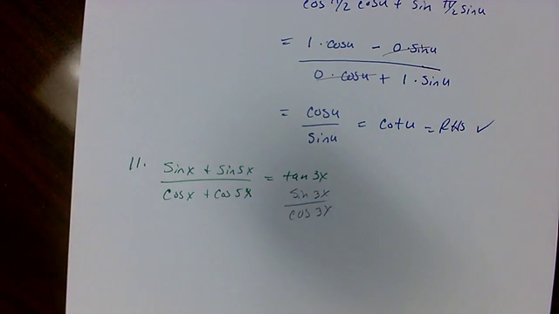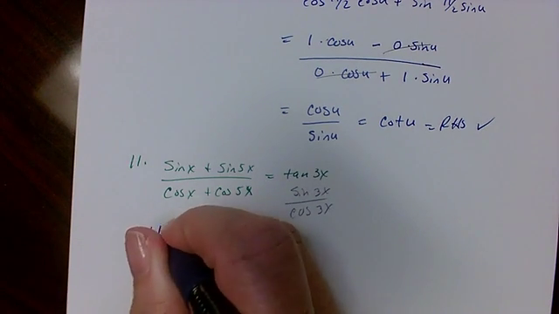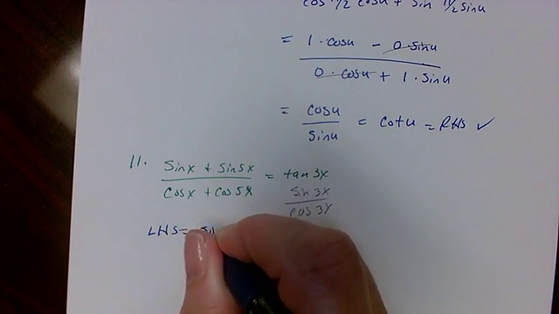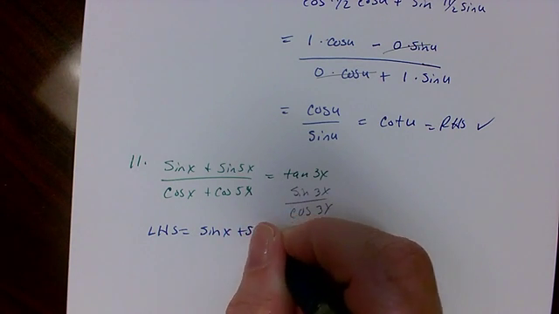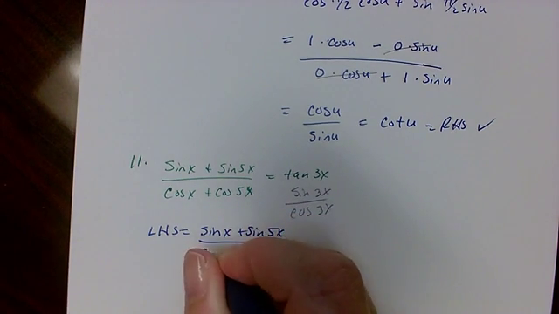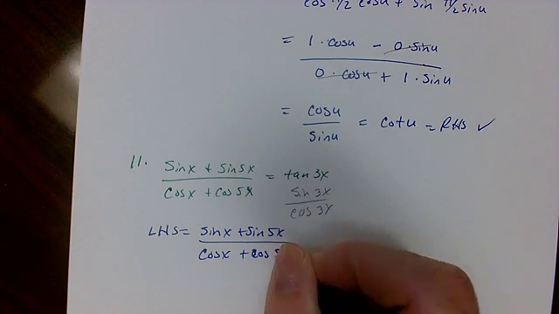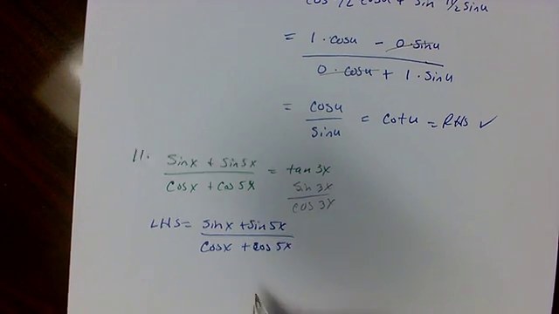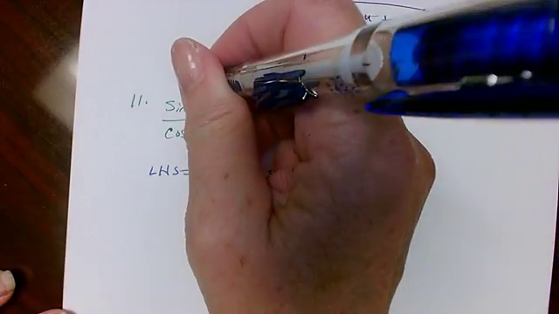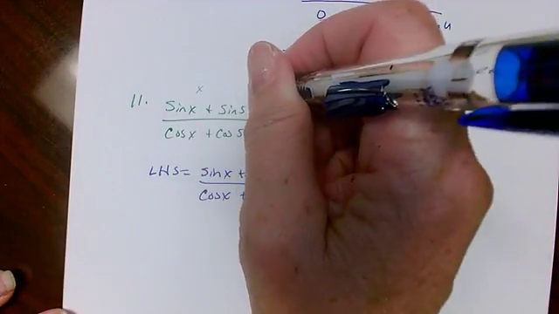So using our sum to product formulas, we're going to again do our left-hand side, which is equal to sine x plus sine of 5x over cosine x plus cosine of 5x. In this case of the formulas that we're using, this will be the x and this will be the y.